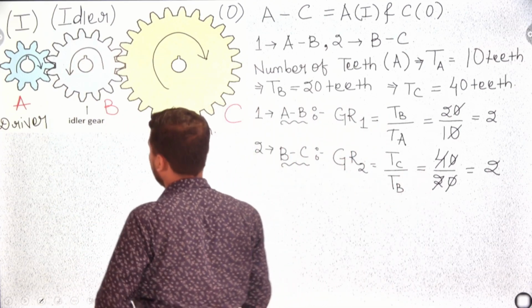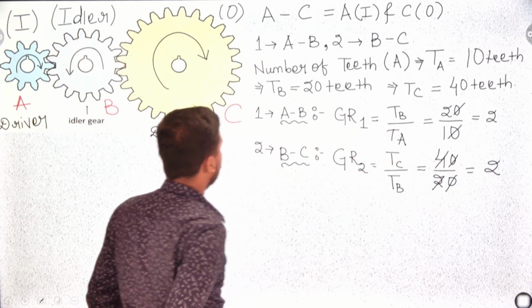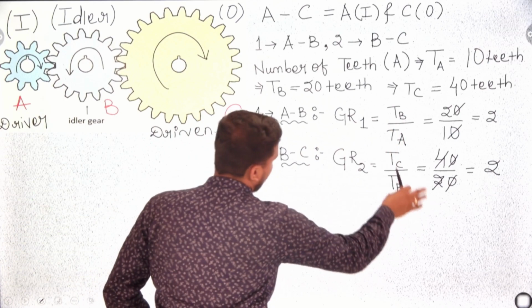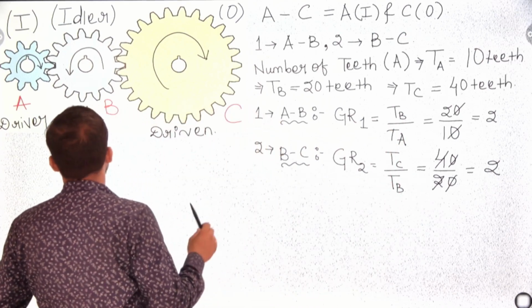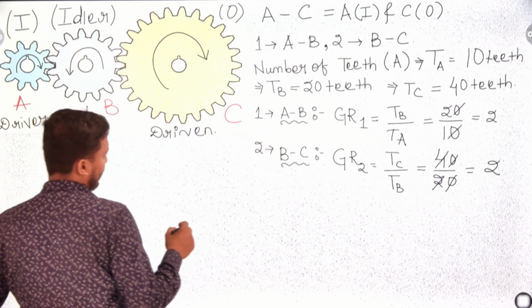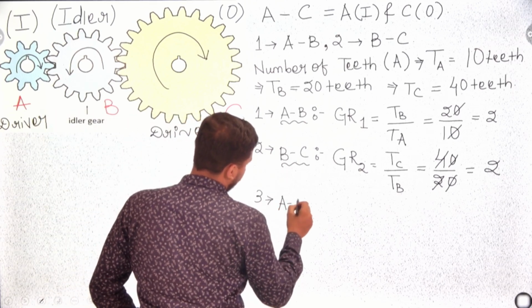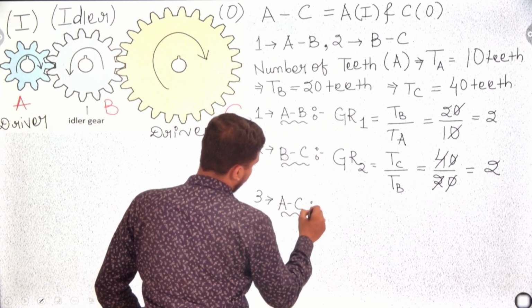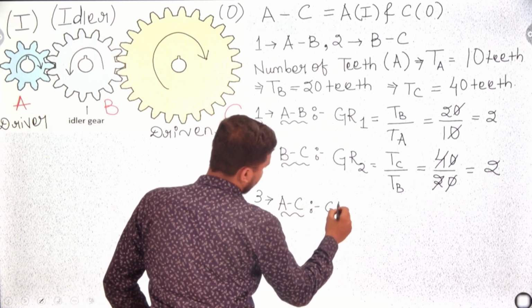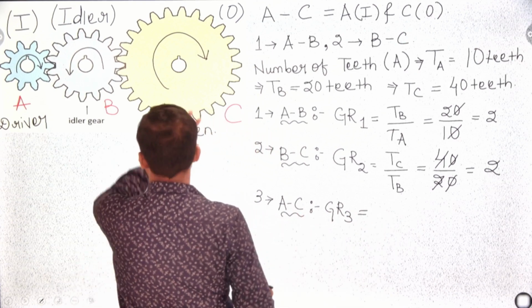Now according to our example, taking 10, 20 and 40 teeth, this gear ratio becomes 2 over here. So in the third case, if we get A and C, directly the AC gear ratio, what will we get? In the third part, C is output, A is input.